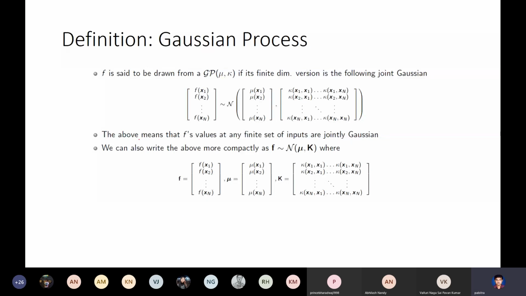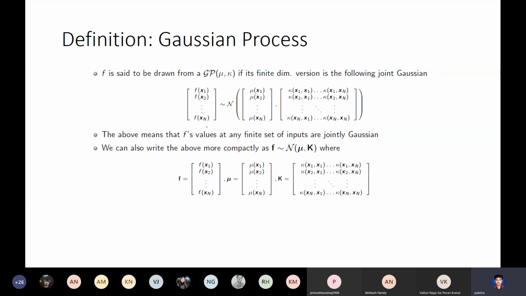So if we pick up n samples, x1, x2, up to xn lying along the x-axis, and we take these values, that is the y-axis values, f(x1), f(x2), f(xn), this vector would be a normal distribution with mean m(x1), m(x2), m(xn), and a covariance matrix like this.